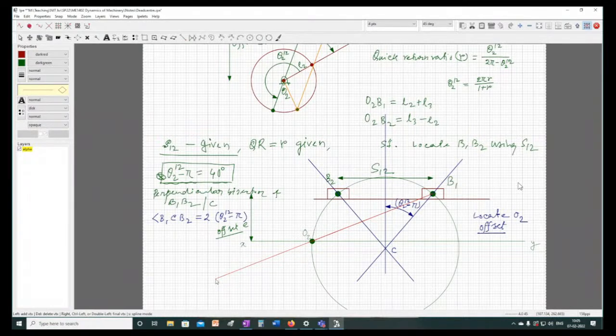Why we are extending will be clearer right now. Suppose we have extended this line and we have a point D here on this extended line.